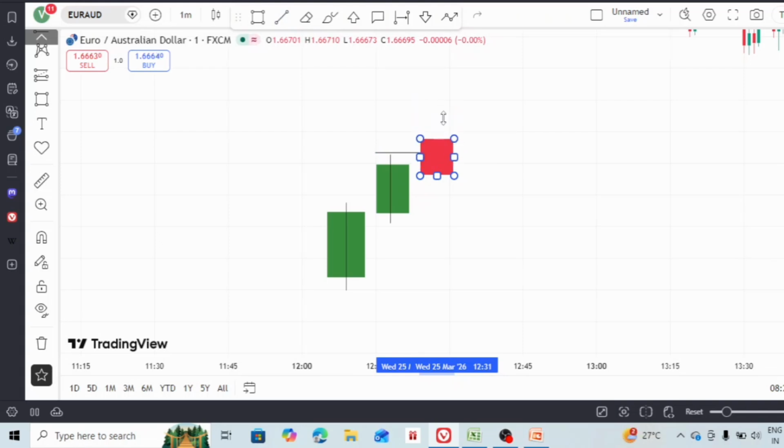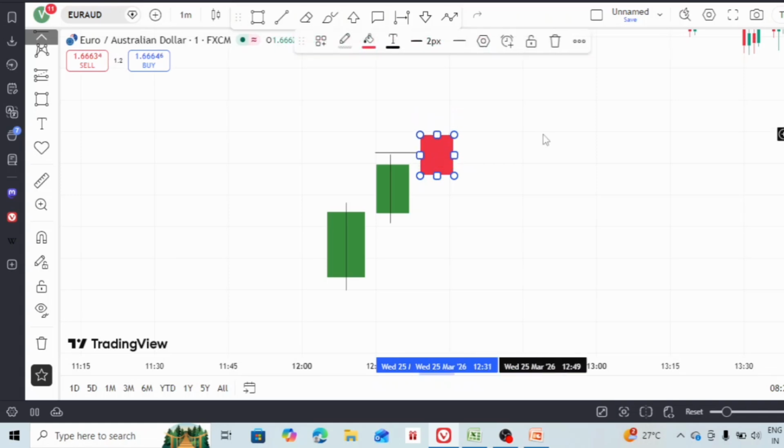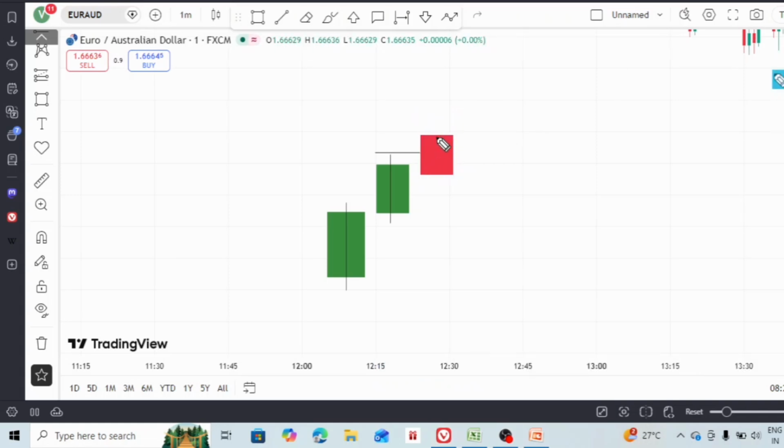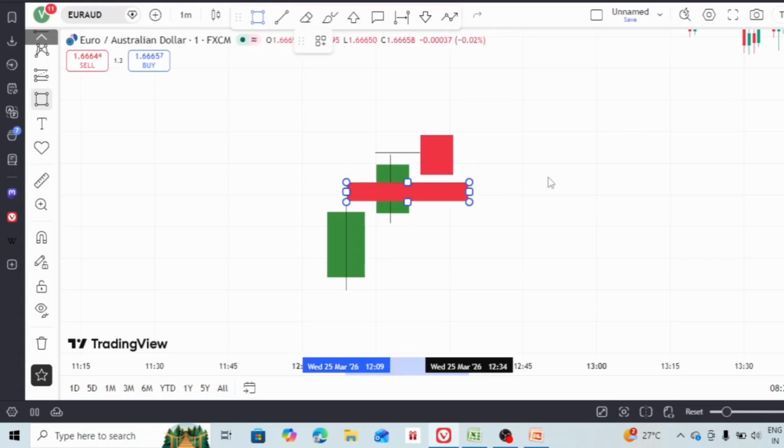But then the last candle should be in a red color, so that we can call this the color change fair value gap. So this is two green candles and one red candle, for example. This means the color has changed, right? So this is the color change fair value gap.